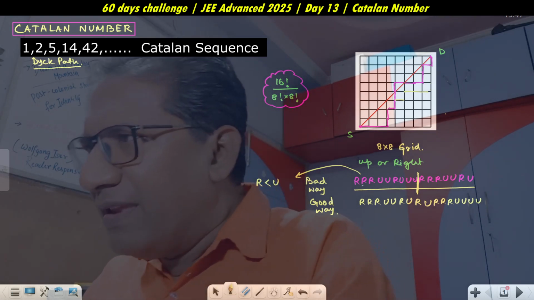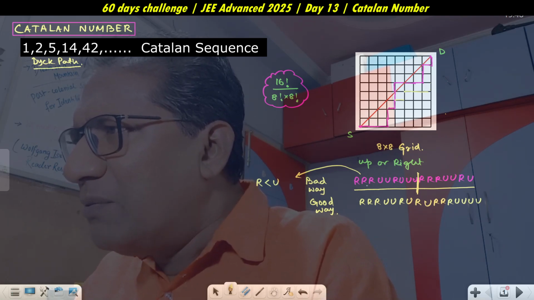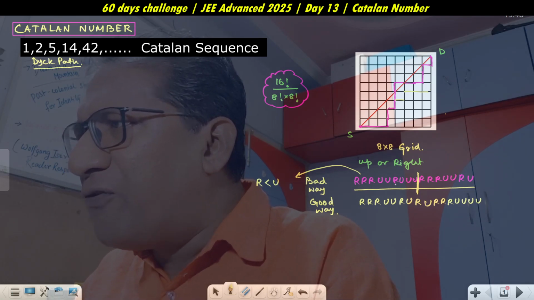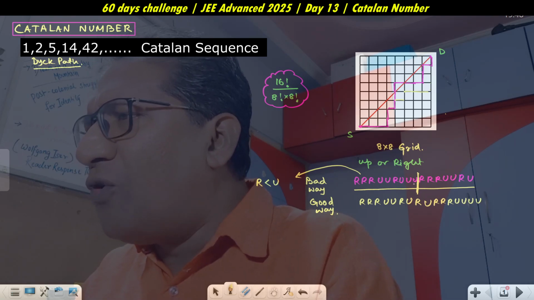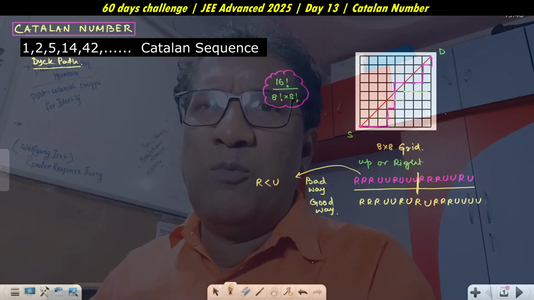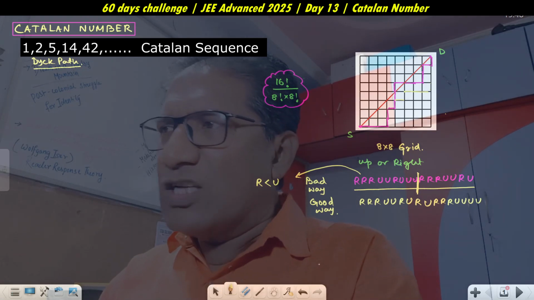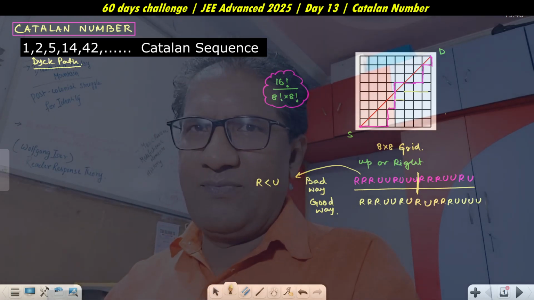Yes or no? Here, how many right movements are there? 1, 2, 3, 4 right movements. But we are having 1, 2, 3, 4, 5 up movements. So this is a bad way.